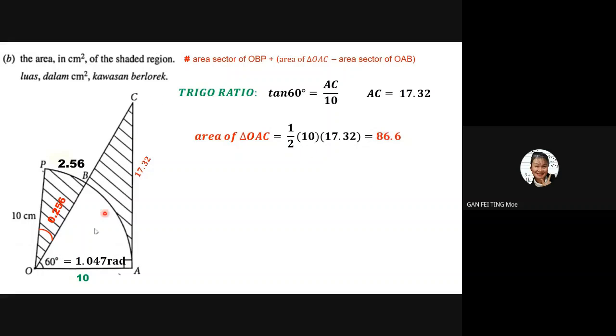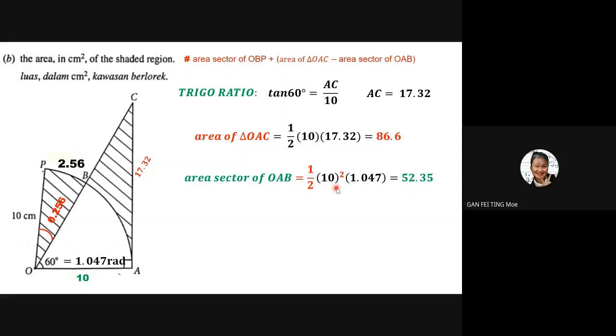Half times base times height. You get it as 86.6. This is your triangle. Then you go for the sector OAB, the white color. So you will be half r squared theta, as what Alicia was telling just now. This is the formula for the area. So press your calculator carefully, you get this.